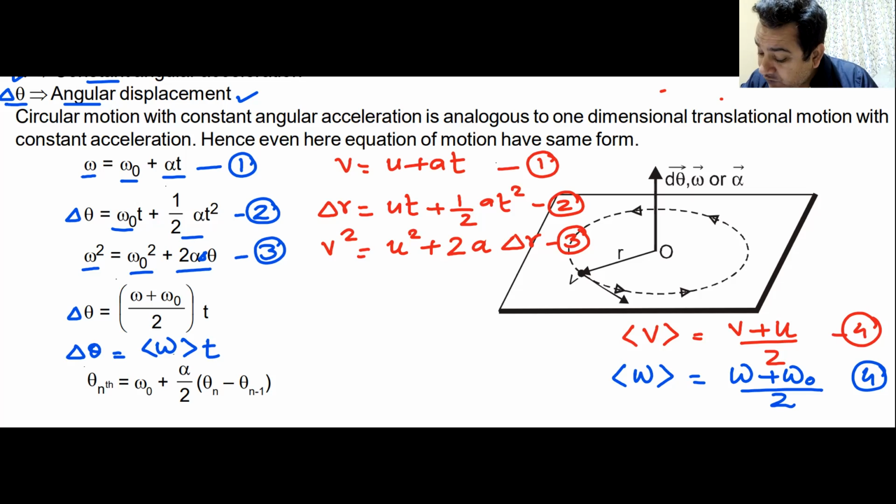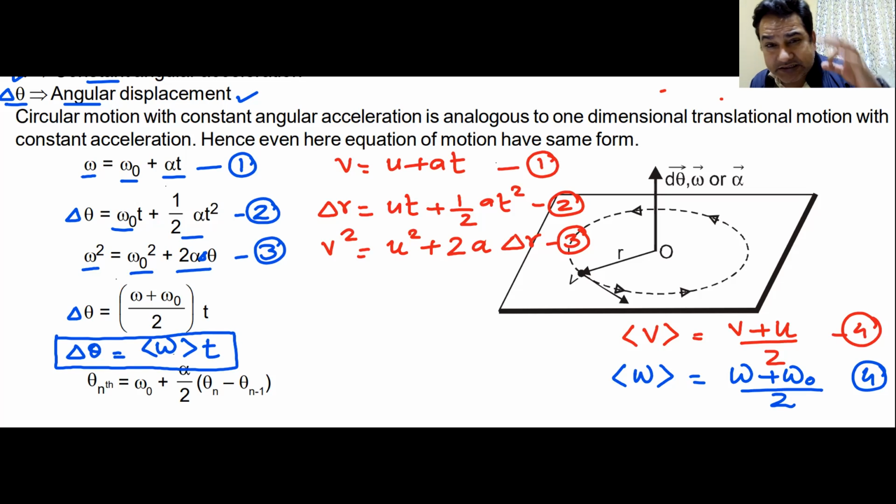Remember, this formula is always valid, whether it is motion with constant angular acceleration or motion with variable angular acceleration. Delta theta is always equal to average angular velocity multiplied by time. So if I call this equation number 5, this equation becomes equation number 6.